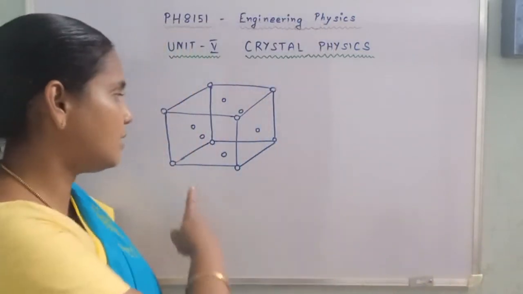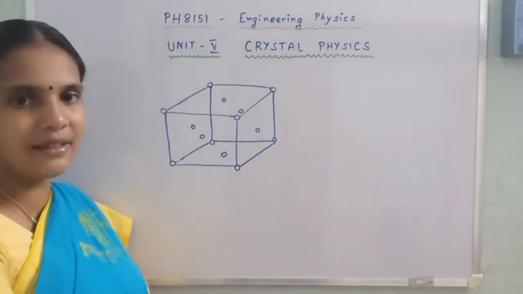The diamond structure is unique as the unit cell is composed of two intersecting FCC lattices. An FCC lattice is face-centered cubic structure where there are 8 corner atoms and 6 face-centered atoms. You can see here, this is an FCC lattice.